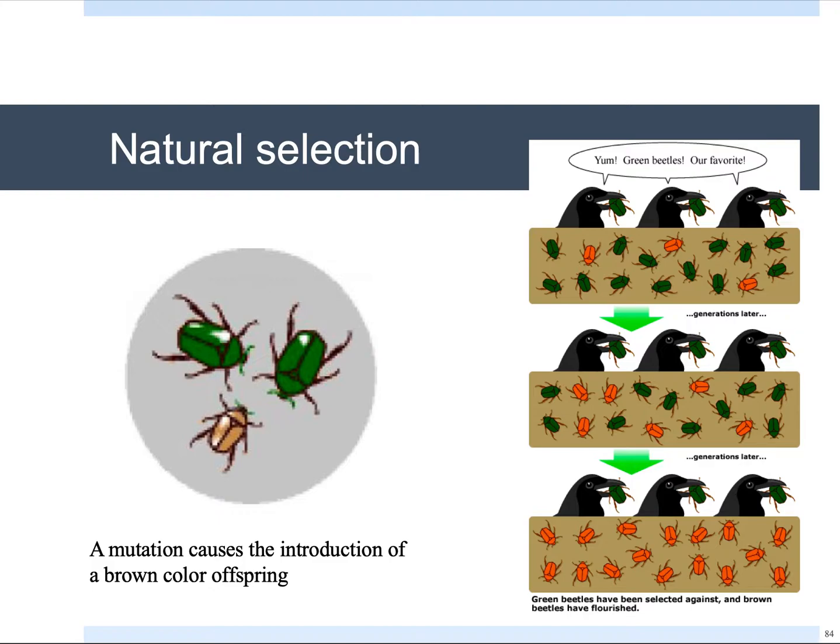So for instance, if you have these beetles, brown and green, and you have a background that favors the green, then eventually you're going to have a lot more of the green surviving and being able to pass on their genetic constitution to the next generation.